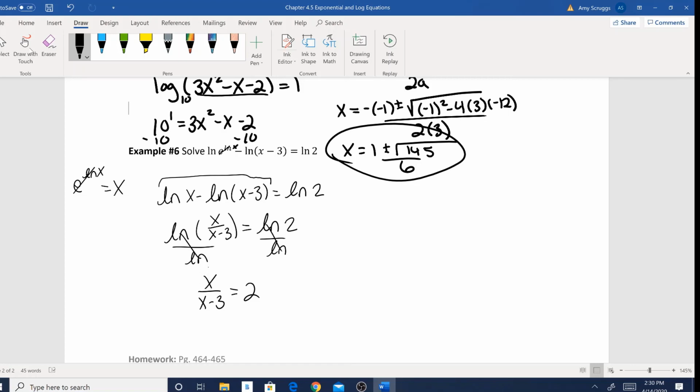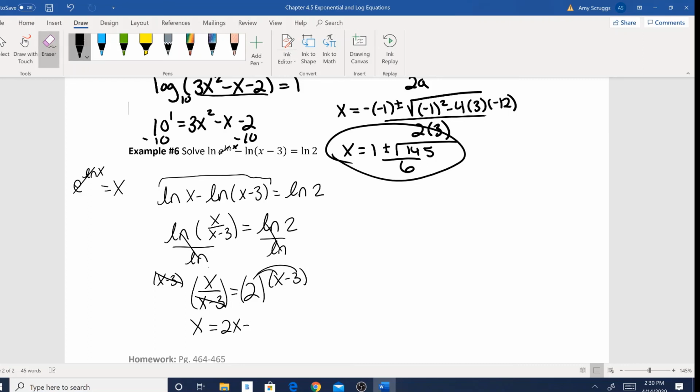To get the x out of the bottom of this denominator, we've got to multiply both sides by the denominator. And that will leave us with x is equal to, and then we'll just distribute the 2. So 2x minus 3. Hopefully from here you're like, okay, I can do it. And I actually made a mistake myself here.